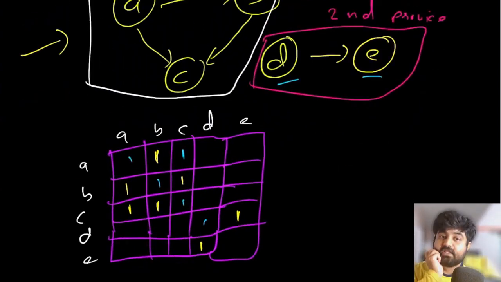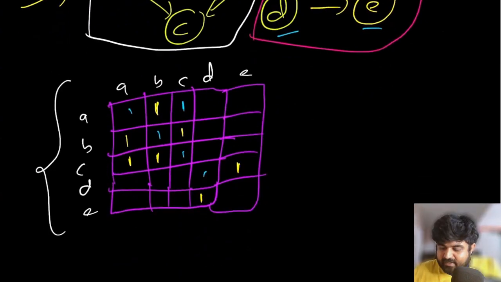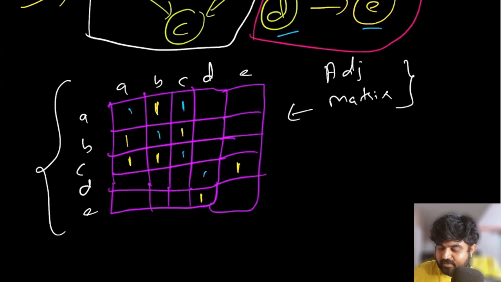Based on all of these items, this is actually not just a matrix, but an adjacency matrix, and an adjacency matrix is one more way to represent a graph.